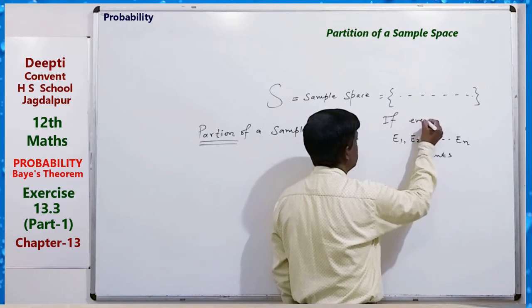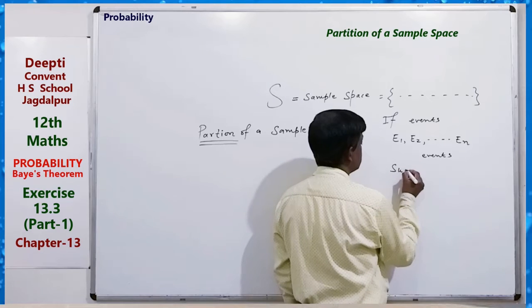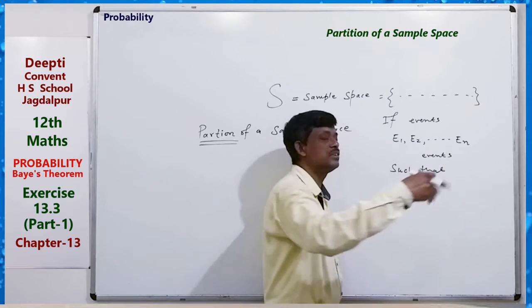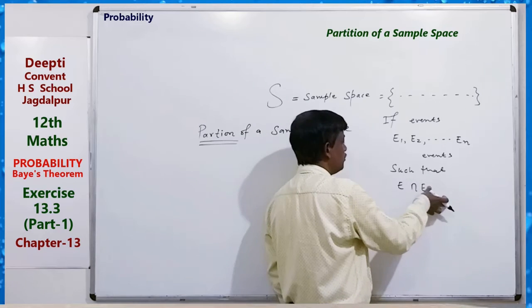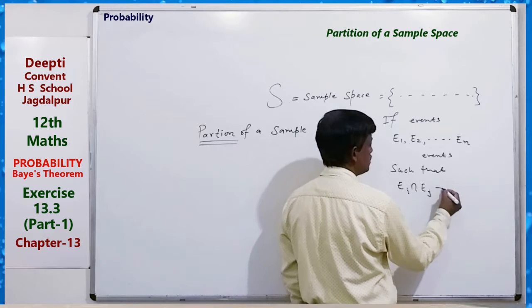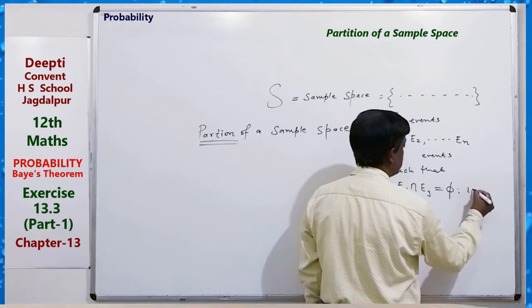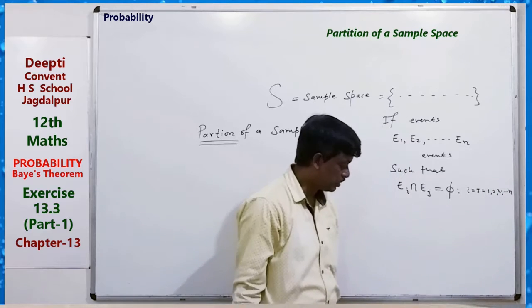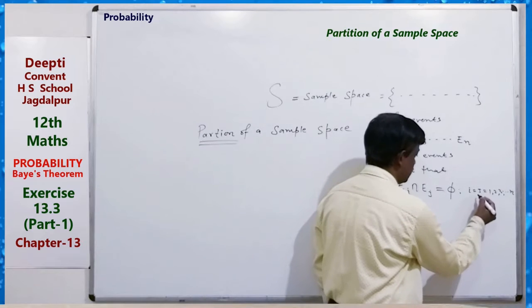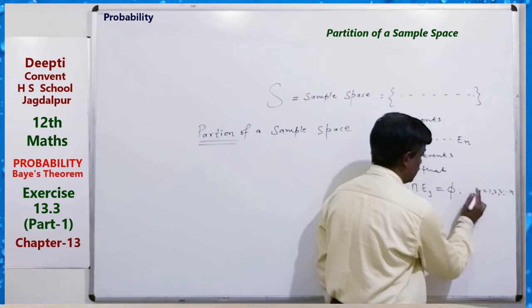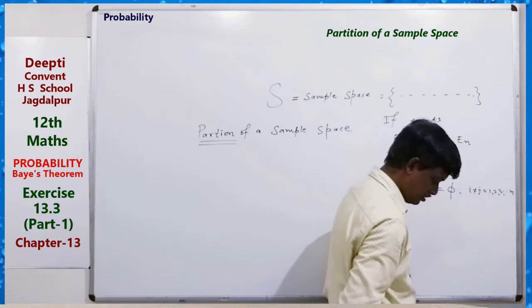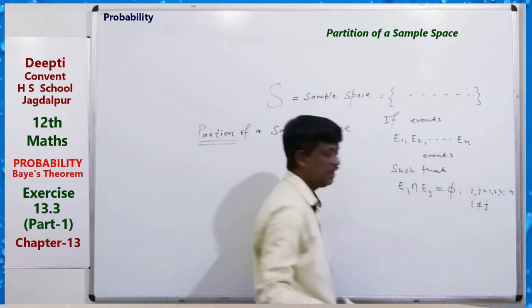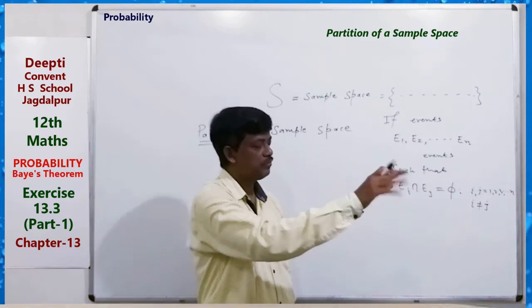If these events are such that E1 intersection E2, E2 intersection E3, E3 intersection En and so on, that is, Ei intersection Ej equals phi, where i is not equal to j, and i and j both take values 1 to n.